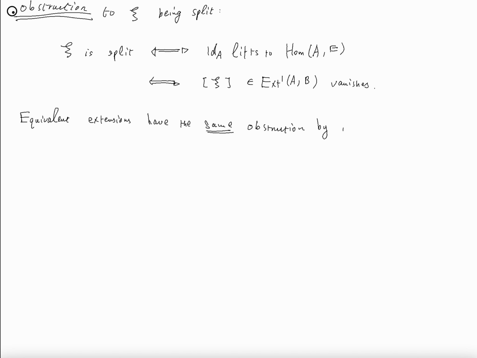By naturality of partial, the obstruction only depends on the equivalence classes.